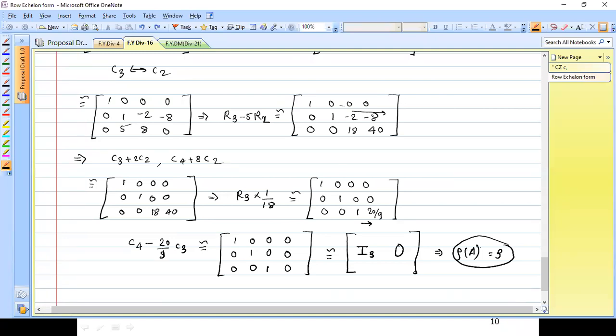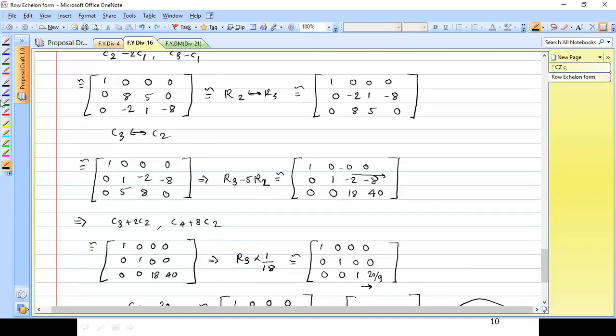Suppose some people, instead of doing these operations, changing R2 to R3 or C2 to C3, directly divide by 8. No problem at all.